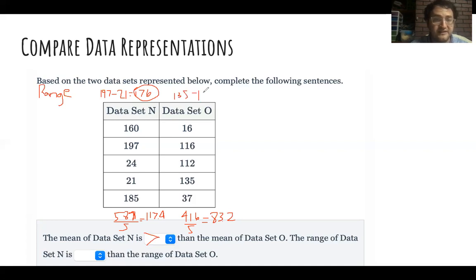So I can already tell you that the range is going to be greater with data set N as well. But we'll just put both those numbers and we can compare them side by side. And there'll be a drop down menu for you to put greater than on that Delta Math problem.